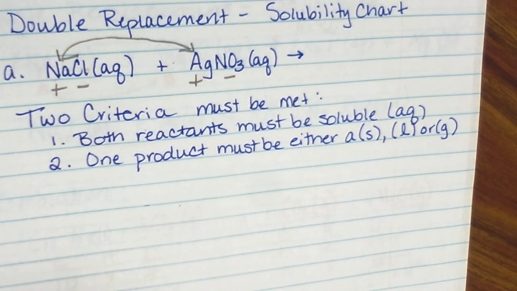Now, the reason that one of the products must be a solid, a liquid, or a gas is because, as we saw earlier, maybe we didn't. I'm going to show you. But in an aqueous compound, when you put it into water, it breaks up into ions. Okay? And that's not a compound.